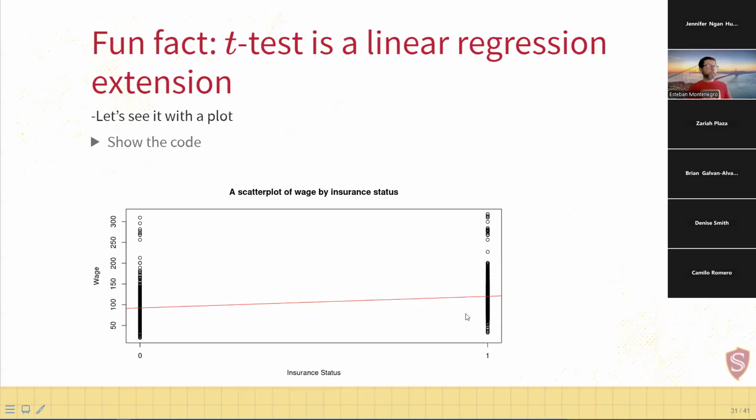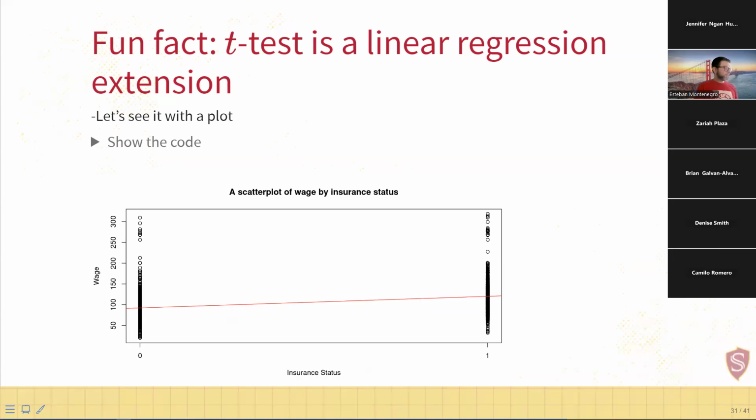This is how it looks right now. This is the regression that I just estimated on this data called wage. So we have people who belong to the zero group and people who belong to the one group. And what the line is doing is just putting together two means.